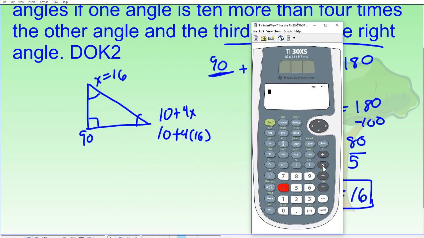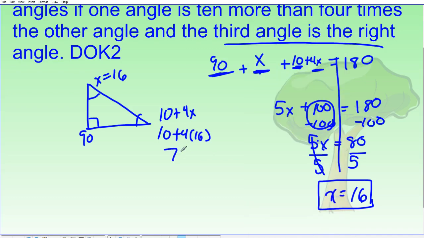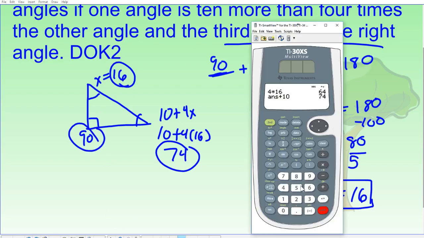So 4 times 16 is 64, plus 10 is 74. So this angle is 74, this angle is 16, this angle is 90, and to double check my math, if all three of those are added together, they should equal 180 degrees, and there we go. The three angles added up equal 180.